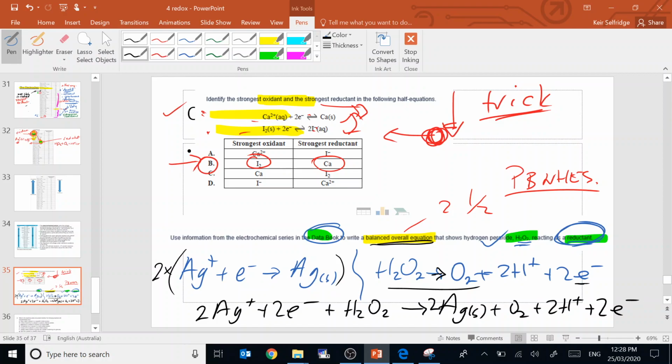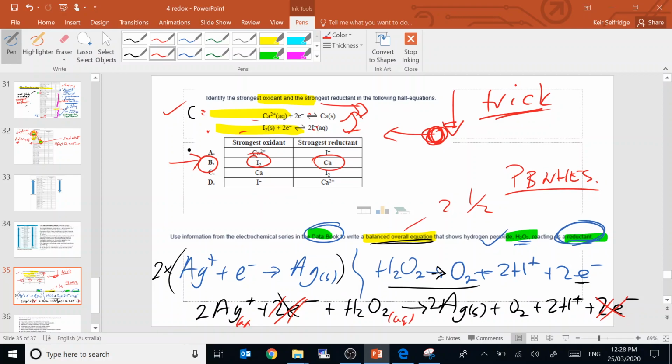I can cancel out anywhere I want. Now the things I'm really looking for are electrons. So I'm going to cancel them out, and the states I can use from the data book said that was aqueous. It said this was aqueous.